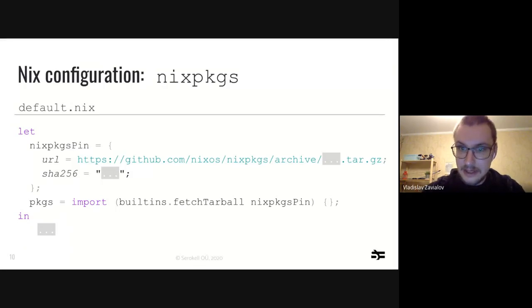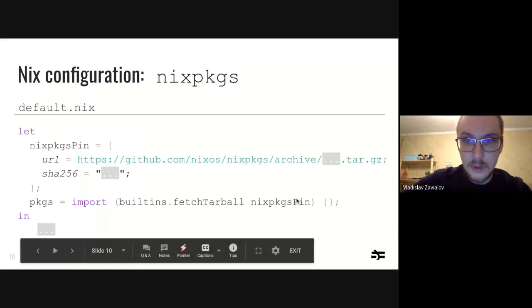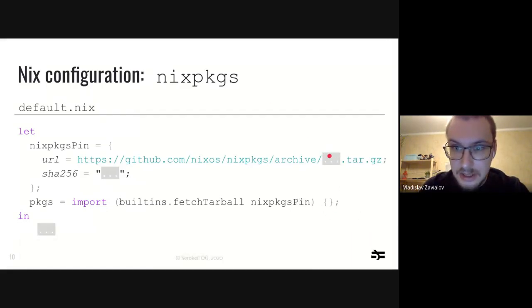So Nix packages is a repository that contains configurations of other packages, not the one that we are building, but the ones that we are going to depend on, including the system and Haskell libraries. And we select a particular snapshot by specifying what you see here. Here goes the commit. So I found some commit that I liked, for which a binary cache was also available, so I don't have to build too much on my system.